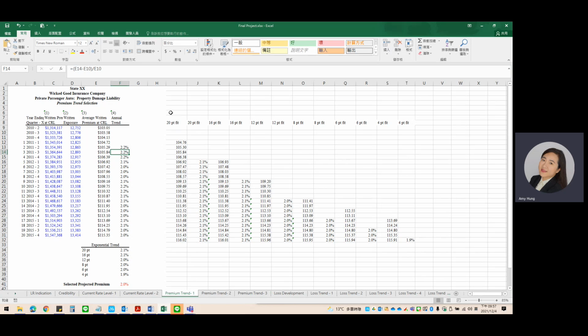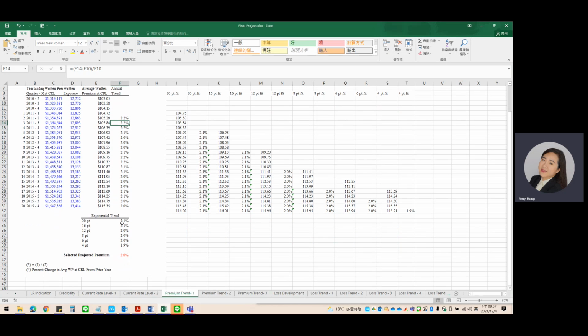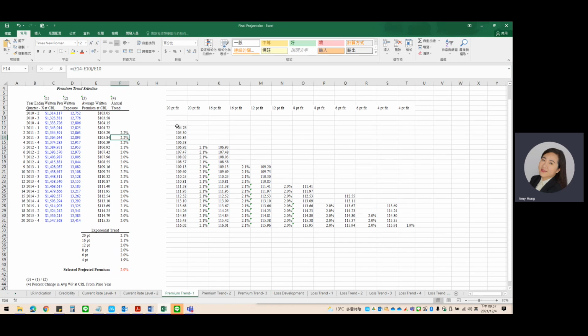For the exponential trend based on various lengths of time, we need to calculate the written premium at current rate level under different scenarios, which is this one, this one, this one, and so on.